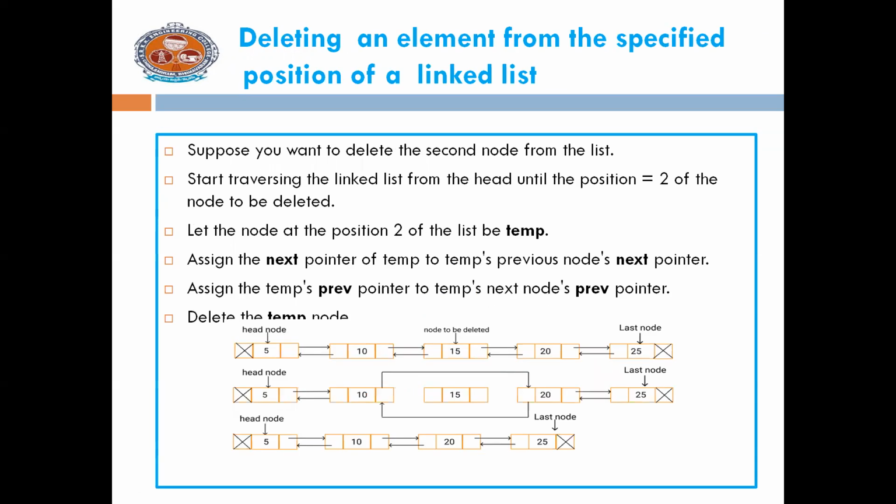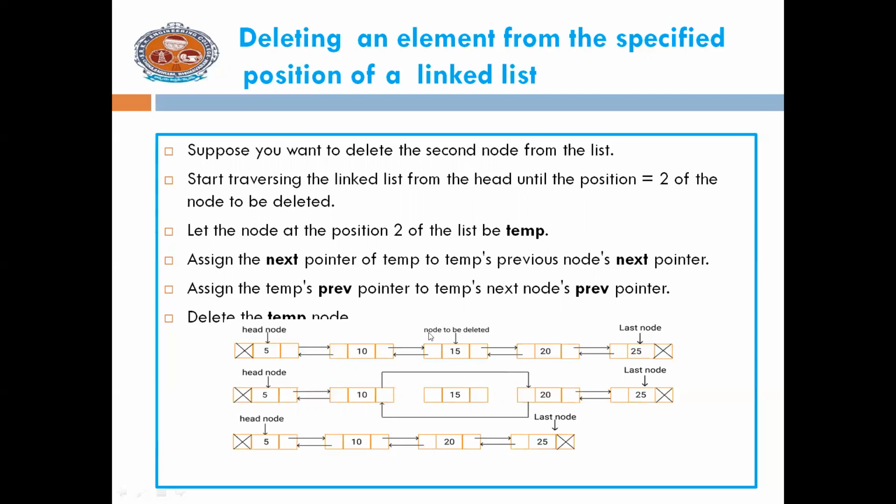Now, deleting an element from a specified position of a linked list. In this example, I want to delete the node 15. Here this node's position is 2. If this node is to be deleted, which pointers do we have to update? I'm storing this node in a temporary variable.